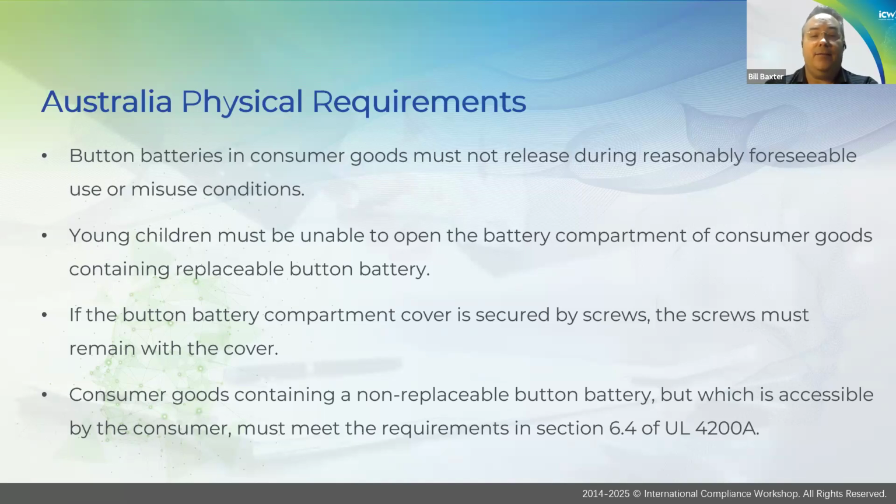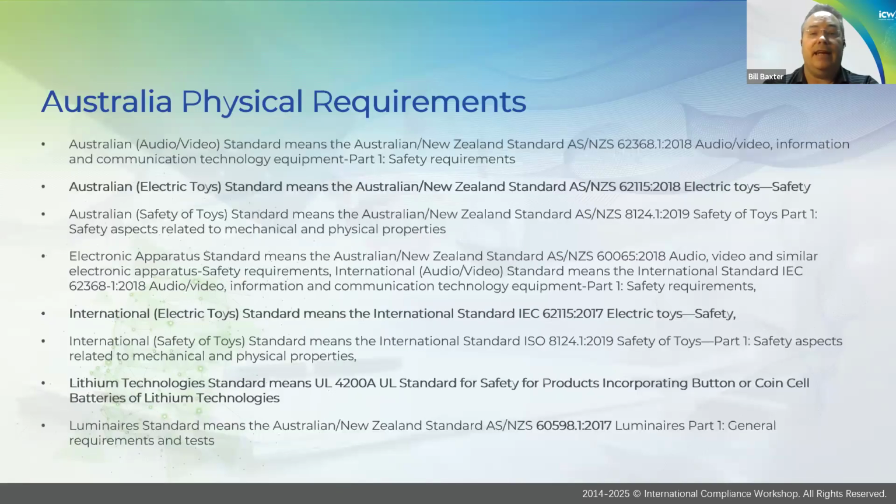But if you're already testing your product for Australia, it is possible that the standard you're using covers these 4 points. And so Australia has allowed several standards to act as proof that you have met these 4 points.